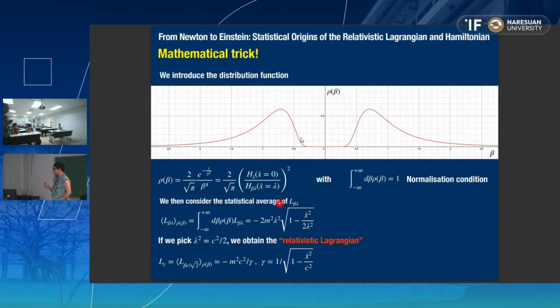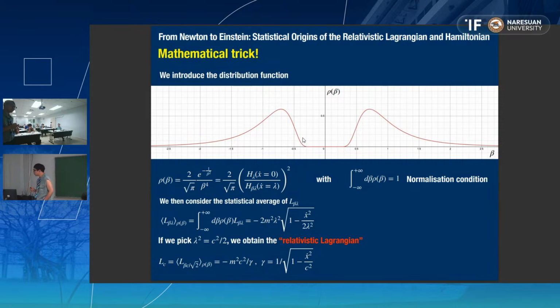Then the next step is to look at the average of this L beta lambda with this distribution. It turned out to be this, the result after you do the average here. And if you pick lambda to be c squared over 2, this is nothing but the relativistic Lagrangian.